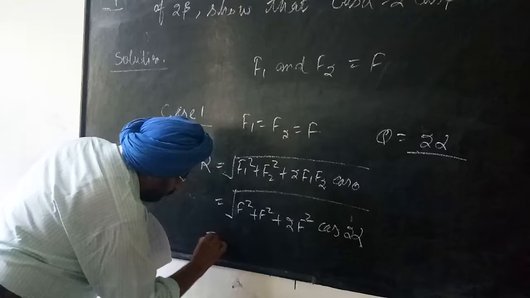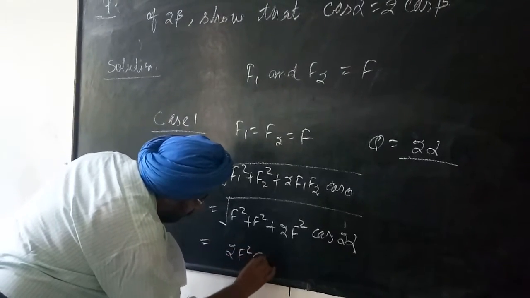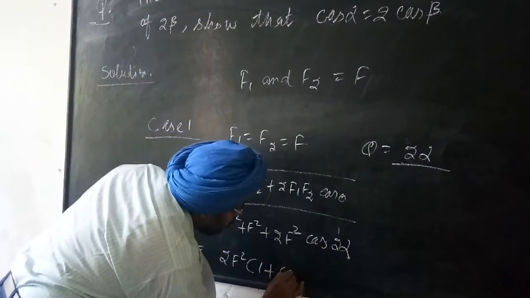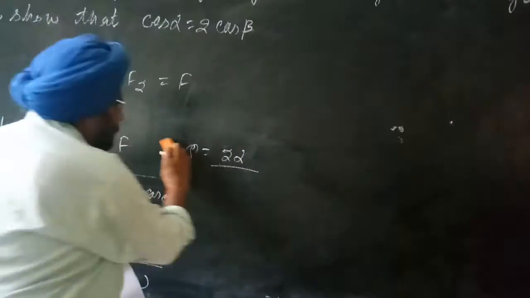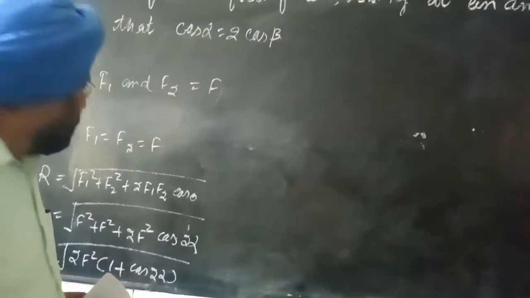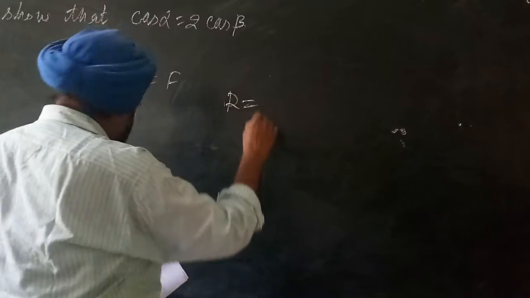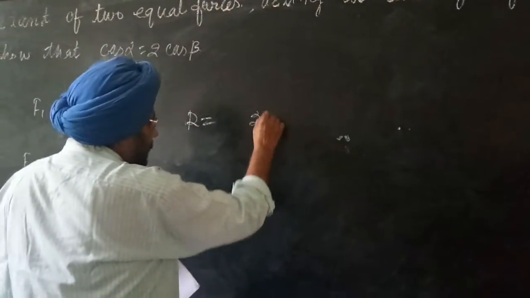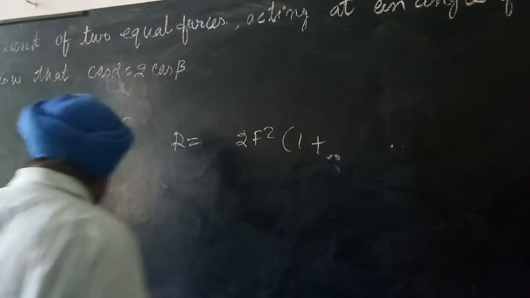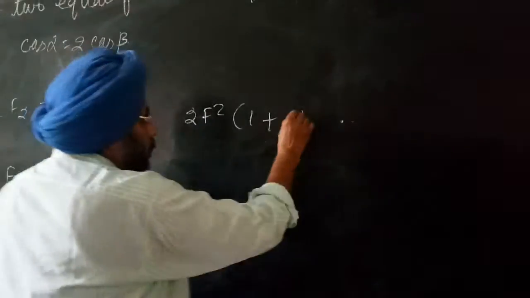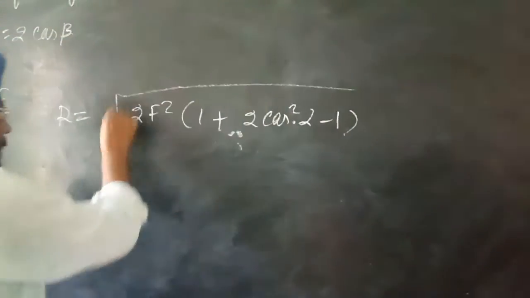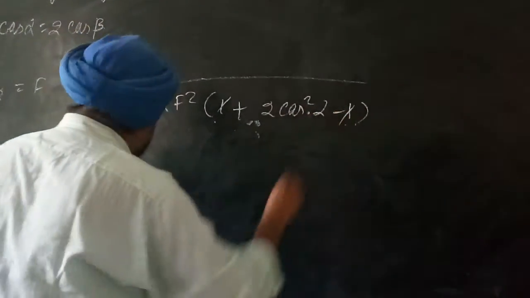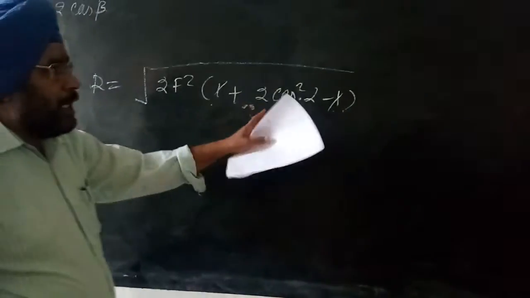So this is equal to square root of 2F square into 1 plus cos 2 alpha. Cos 2 alpha is equal to 2 cos square alpha minus 1.